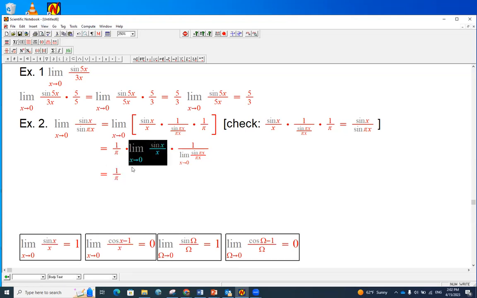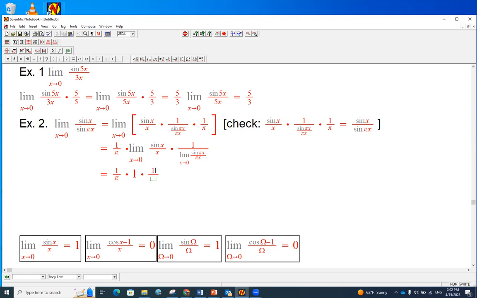And this piece equals 1. And that other piece, we have 1 over 1. So in the end, we have 1 over pi in our answer. Okay, so it's a bunch of algebraic manipulation.